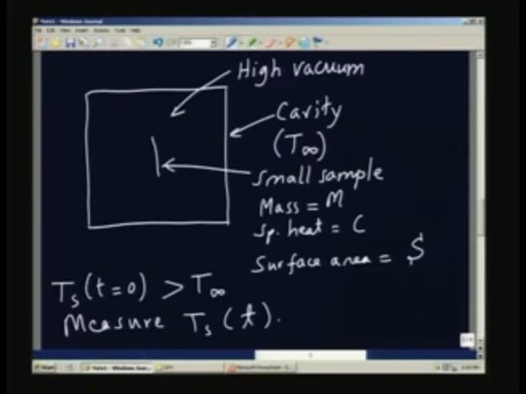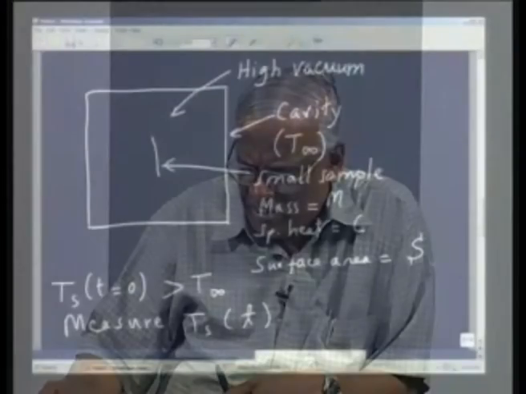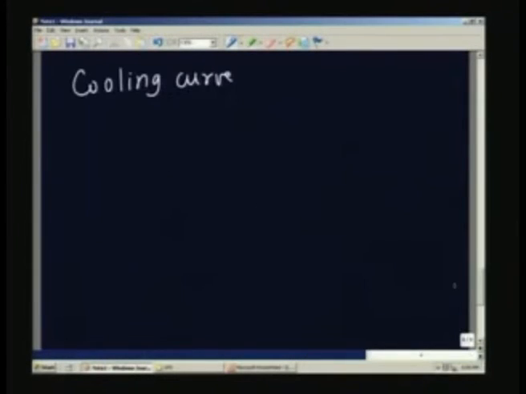We can bring it through very thin wires and electrically heat the sample. If the wires are thin enough, we can assume that the heat loss through the wires is very small and ignore them in the limit. Of course, you can account for it by finer measurement, but we will just assume that the cooling curve will be governed by the following equation.